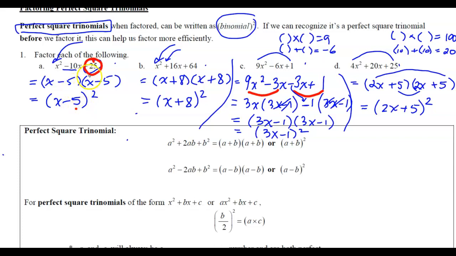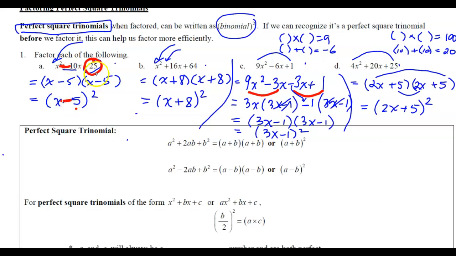The product of, when we show it the long way, we're doing the outside and inside, add to the middle term. So that should be double the root of 25. Positive 25. So root of 25 is 5, doubled is 10. Whatever sign is in the question is whatever is the sign that's in the binomial.